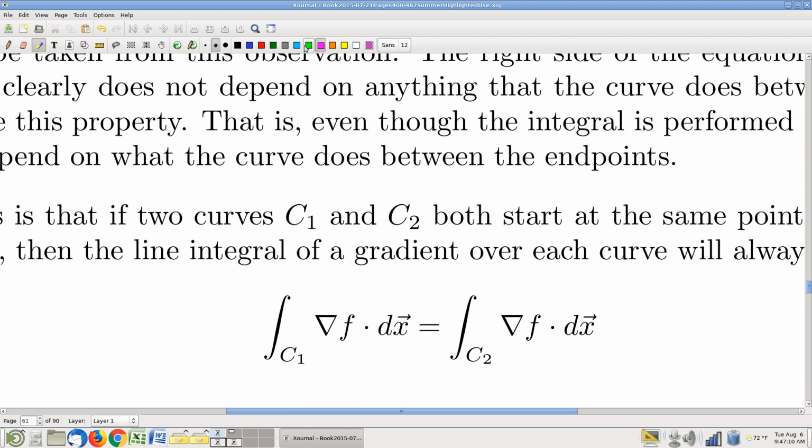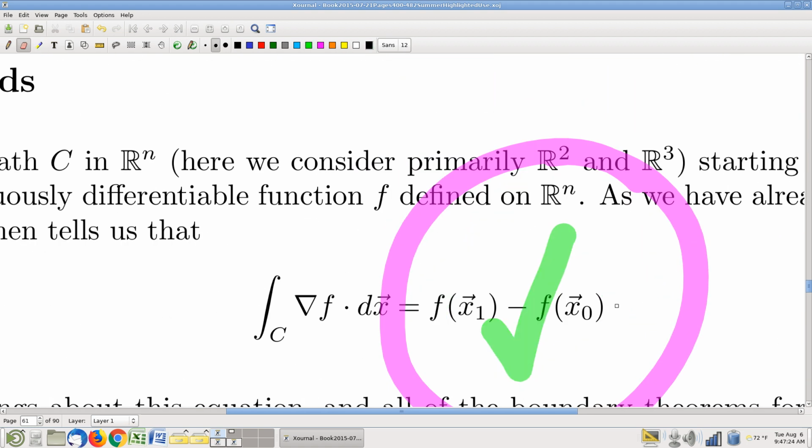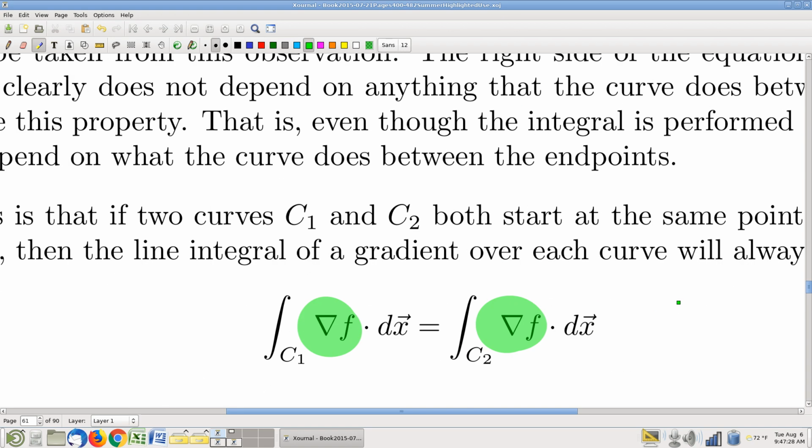This is a special property of gradient vector fields. Well, let me rephrase that. It is only because we know that these are gradients that we were able to make this argument about the fundamental theorem of line integrals and therefore come to the conclusion that we just did. So we currently only know that this property is true for gradient vector fields.